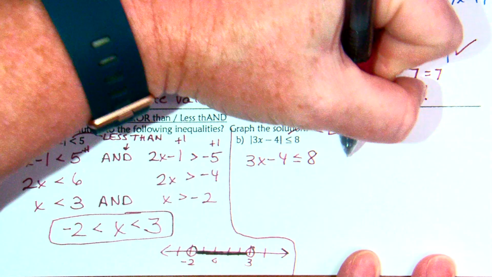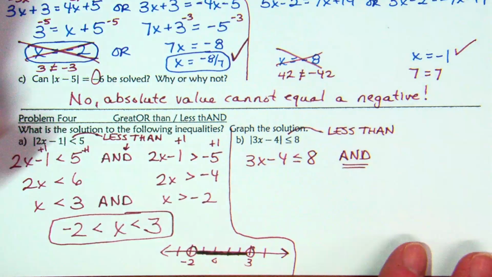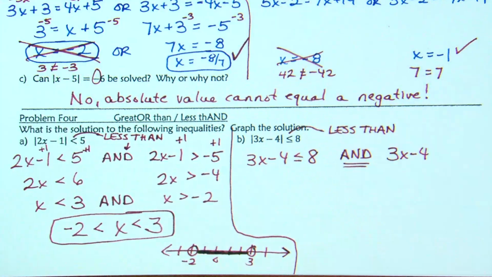And what's my second inequality look like? Still 3x minus 4. I'll give you that much. What's the rest of it? Greater than or equal to -8. Okay, greater than or equal to -8.